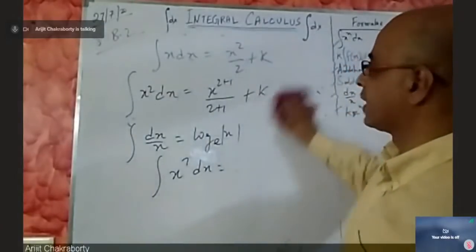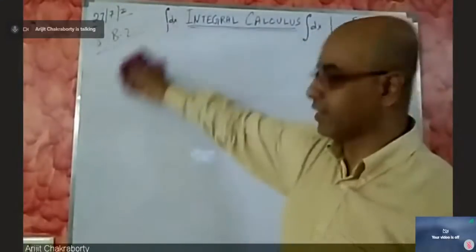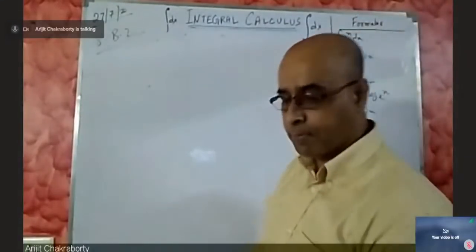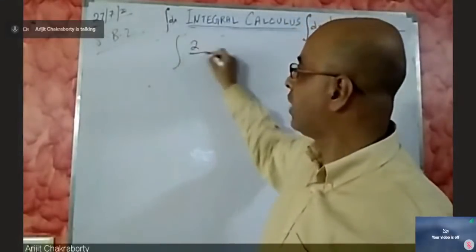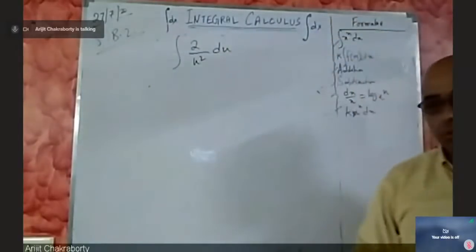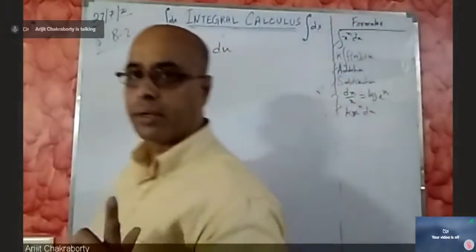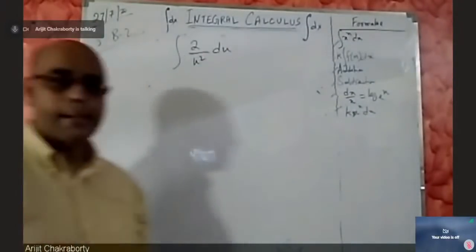Now some more examples. We will take some negative power now. I take up this one: integration of 2 divided by u square du.